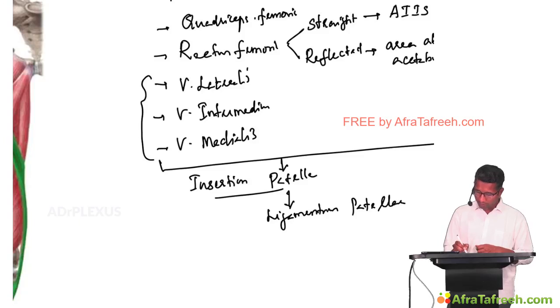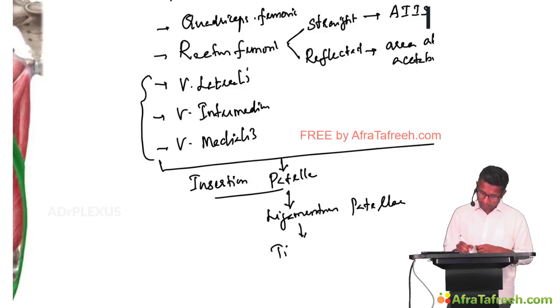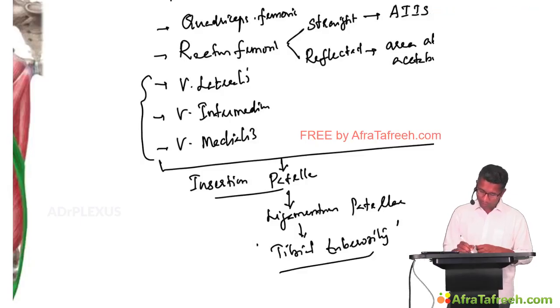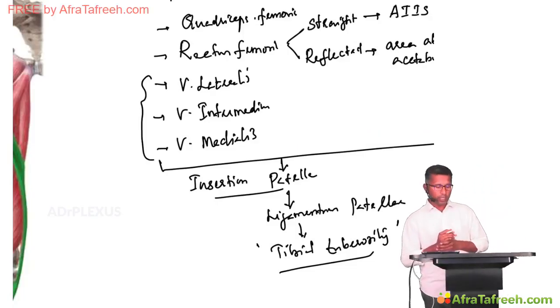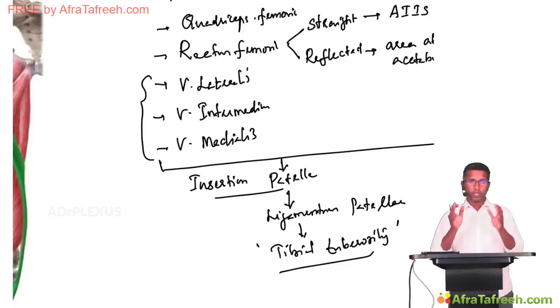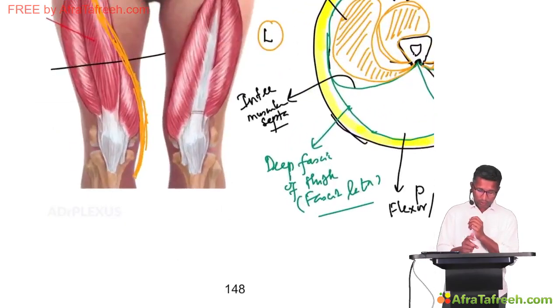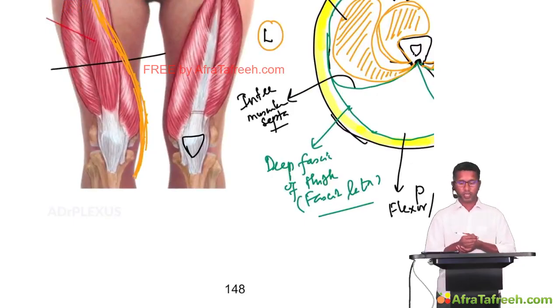You all know that ligamentum patellae goes and gets attached to the tibial tuberosity. So all the quadriceps femoris muscles get inserted into this bone. What is this bone called? This bone is called patella.